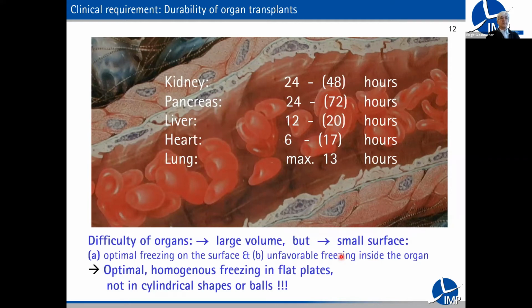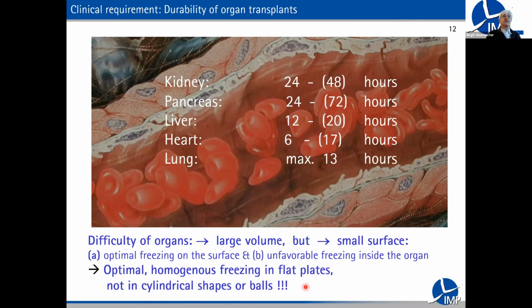So the optimal geometry is flat plates, or in the case of blood, flat bags, but not what we normally have, the cylindrical shapes of all the tubes that we use in cell culture, or balls, which are not very good for freezing. So this is something we have to keep in mind, that geometry has a big impact on the outcome.